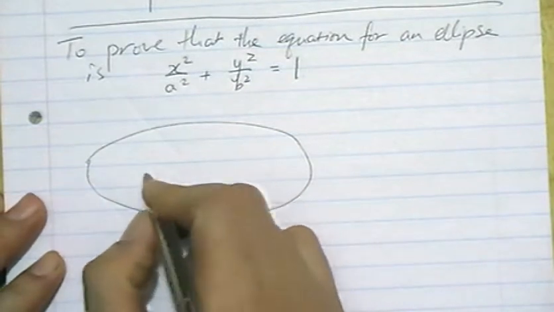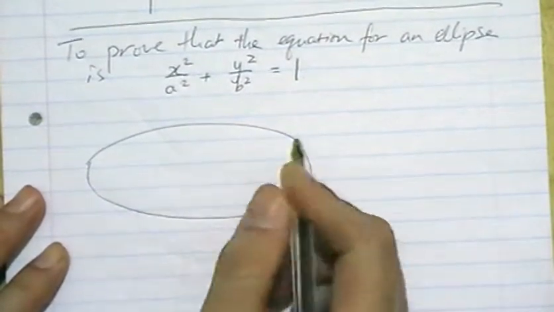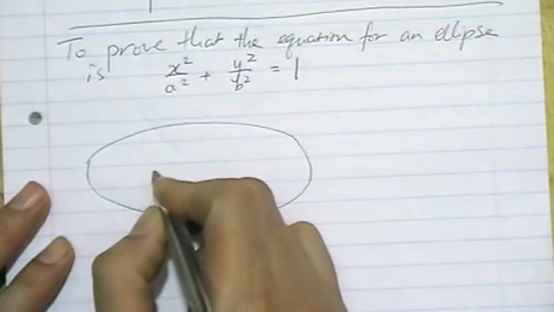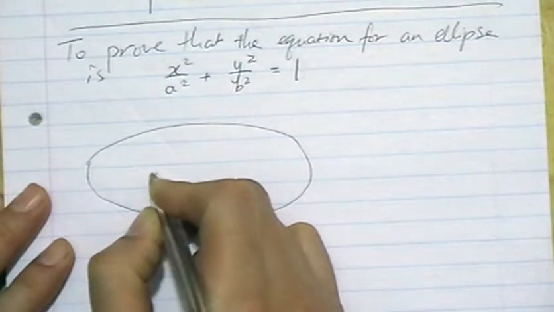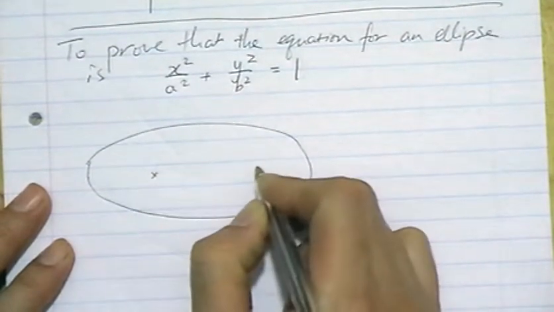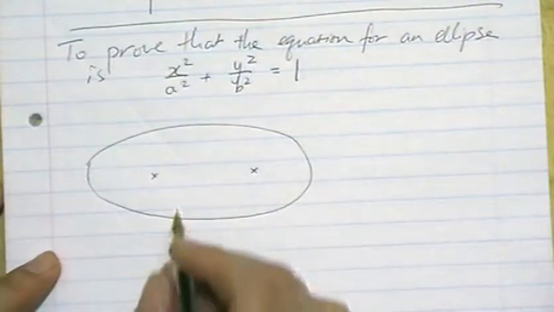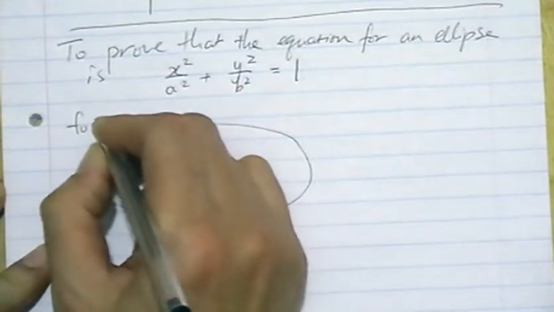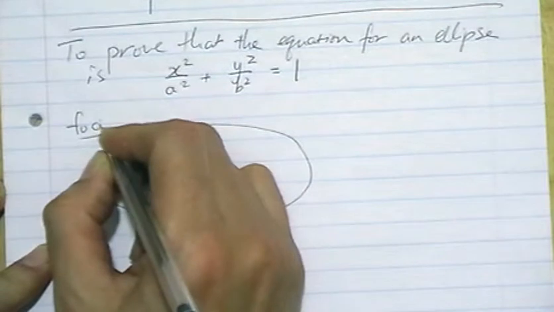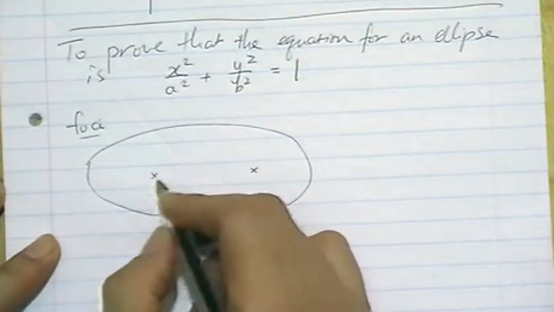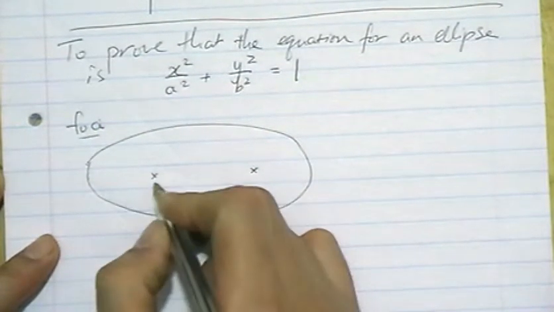I shall start with the one that says that an ellipse has two foci. Foci as in the plural for focus.